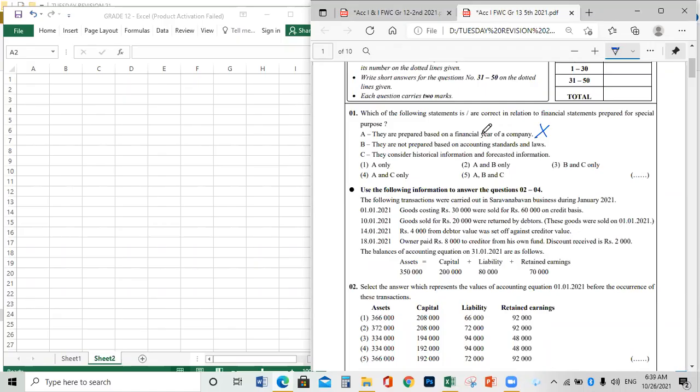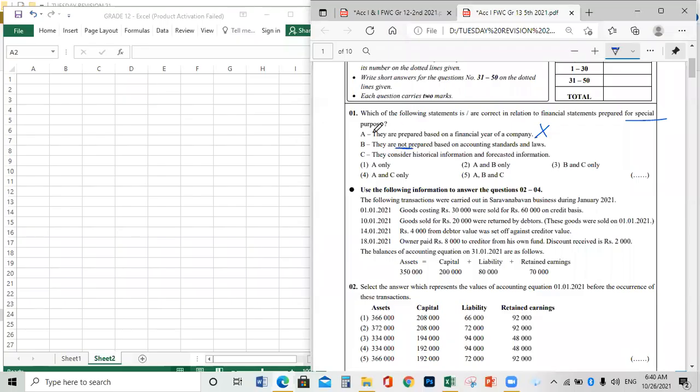They are not prepared based on accounting standards and laws. True or false? Quickly answer. Think and answer. They are asking for special purpose. Very good.